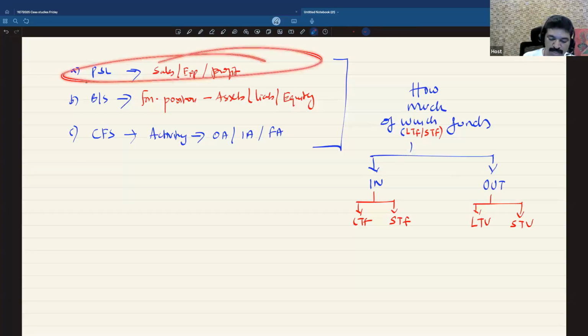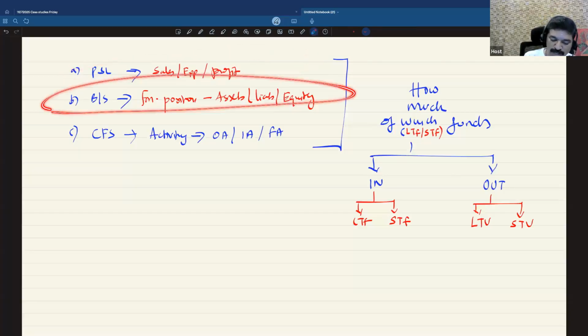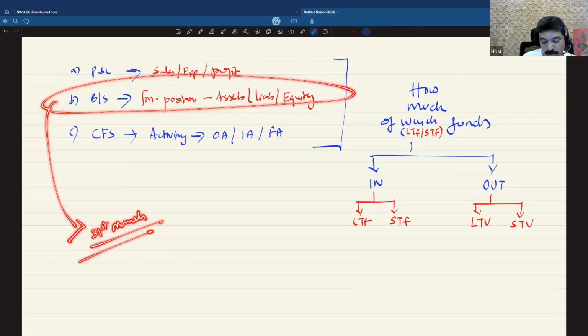P&L will not talk about that. Balance sheet will give you only a snapshot as on 31st March. Maybe by looking at the balance sheet, you may be able to identify what are the long-term funds, what are the short-term funds, what are the long-term use, what are the short-term use.